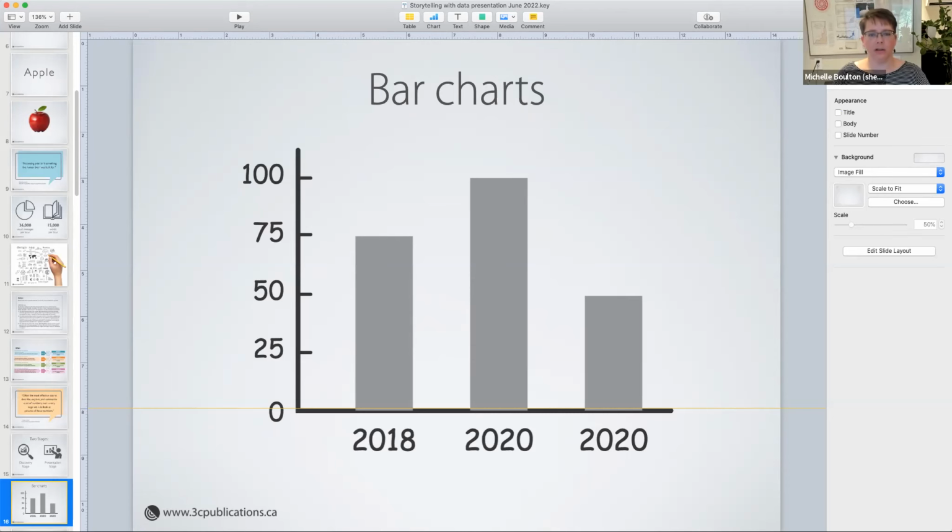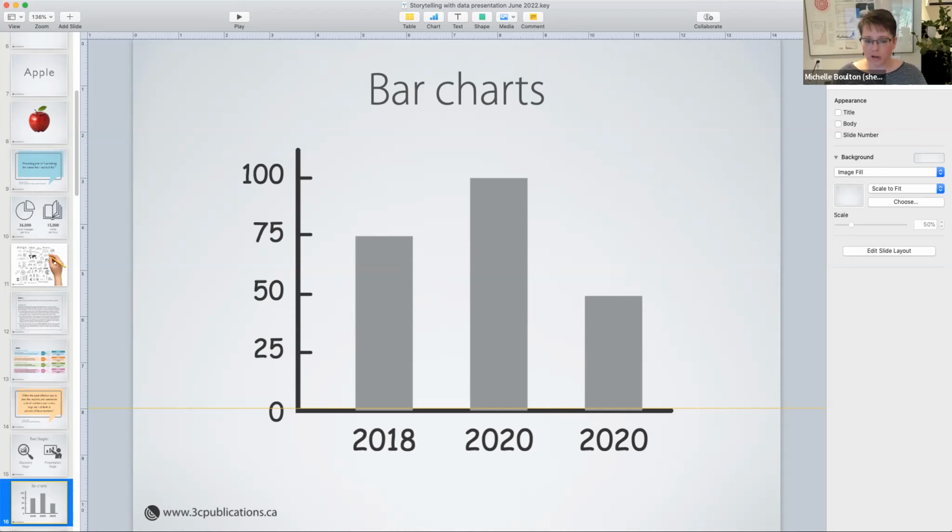So the bar chart, the ubiquitous bar chart, it's everywhere. It's one of the most commonly used charts, and there's good reason for that. It's easy to design. It's straightforward to use and read. We can understand that on the bottom, we have a set of values, whether that's a set of categories, whether that's years, or it could be coats, t-shirts, and crop tops or whatever. It could be anything.